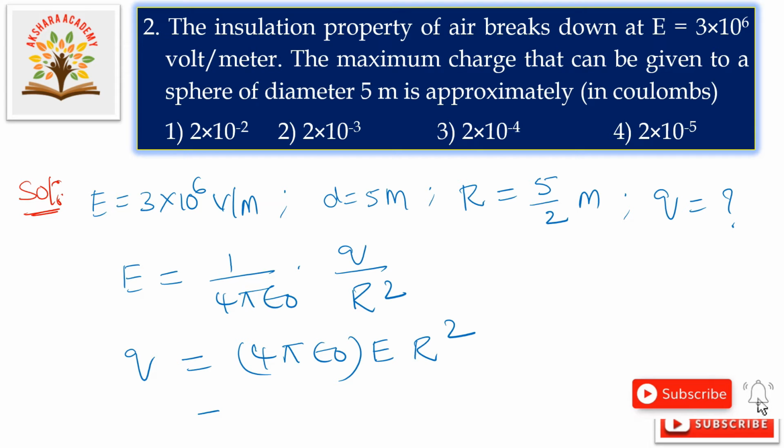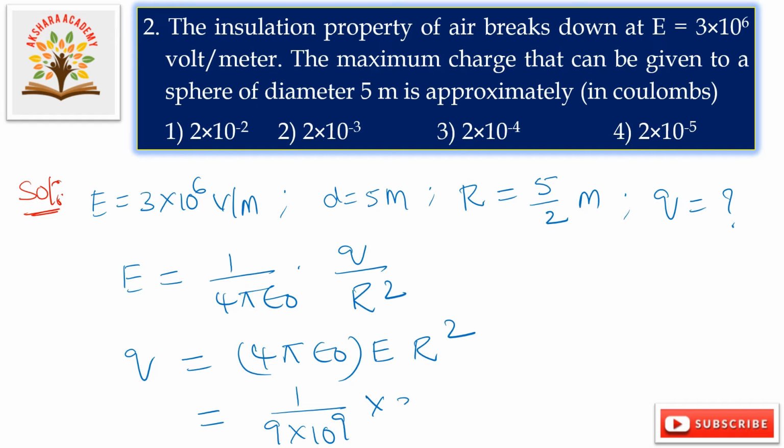Now substituting values, 1 by 9 into 10 to the power of 9, into E, they given as 3 into 10 to the power of 6, and R is nothing but 5 by 2 whole square. 3 ones 3.